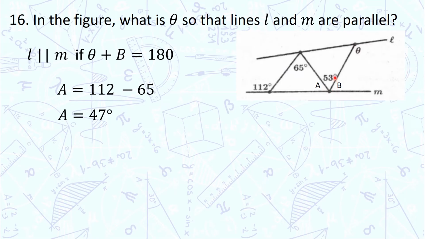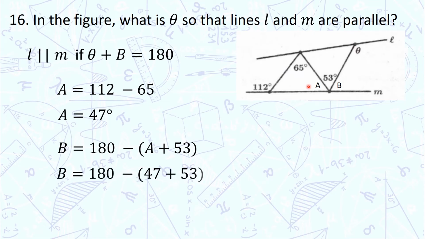Now to solve for angle B, we'll have 180 minus the sum of angle A and the 53 degree angle. So angle B is equal to 180 minus (47 plus 53). Then angle B is 80 degrees.